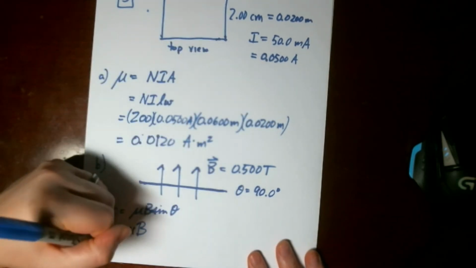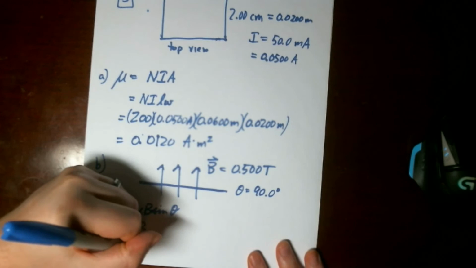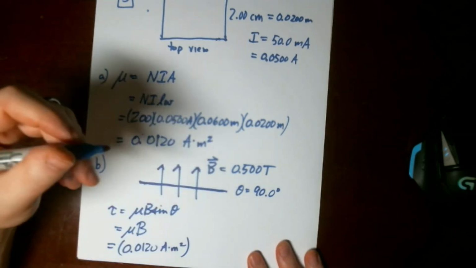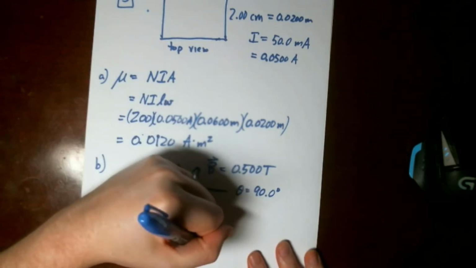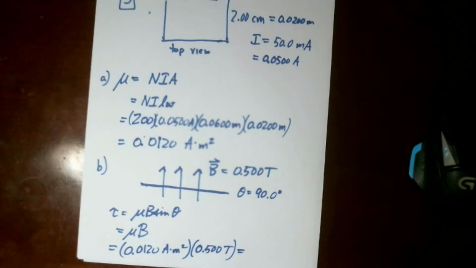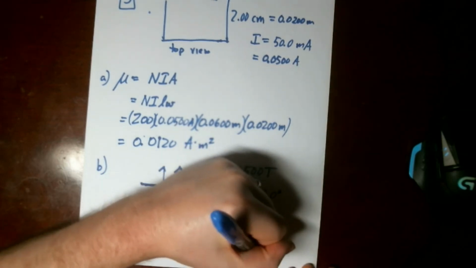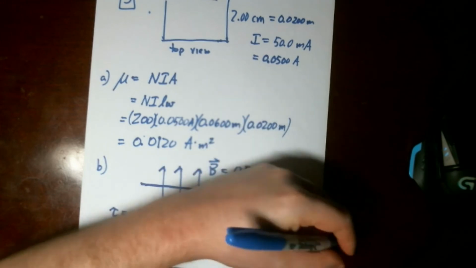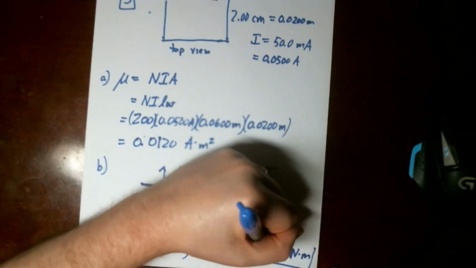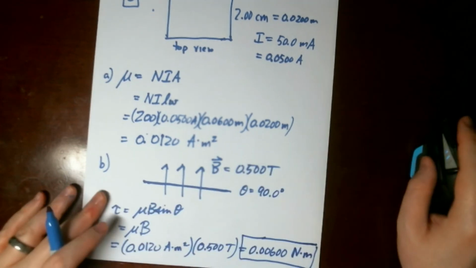So multiplying this out, our magnetic moment is 0.0120 amp meters squared. Our magnetic field is 0.500 Teslas. So this is going to have a torque applied to it of 0.00600 Newton meters. And that's number 3.